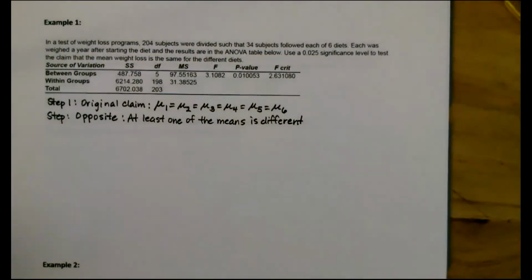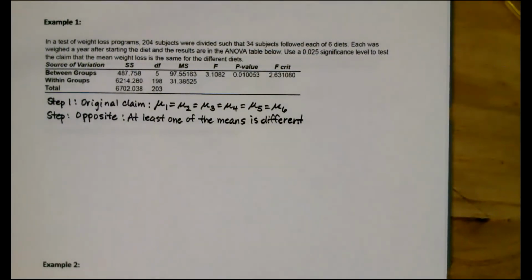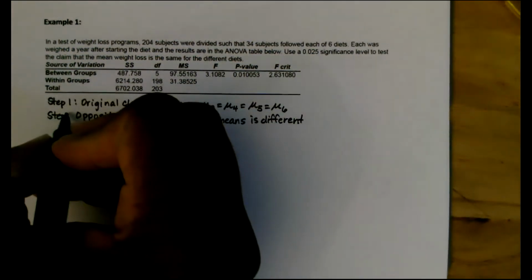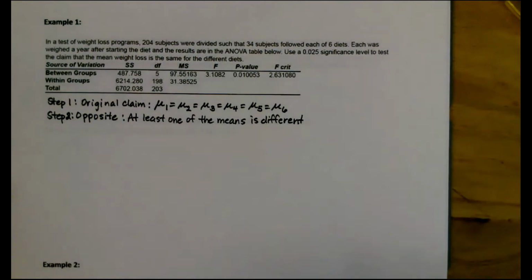Okay, so only at least one. In this case, we're not going to find out which one of the 6 is different. It's just that at least one can be different. That would be the opposite of the original claim, and this is step number 2.